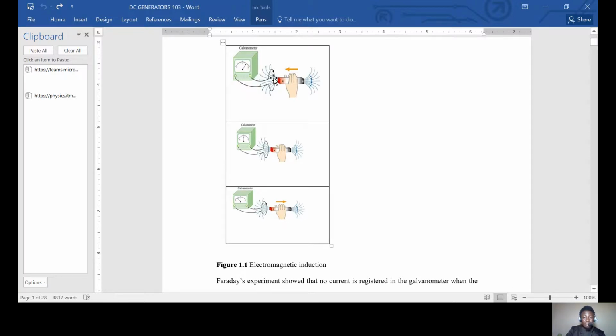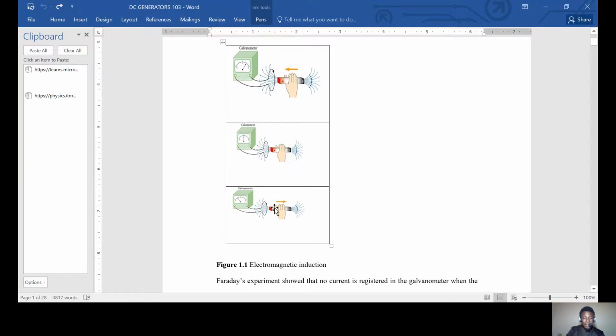a galvanometer with a coil of wire. When the magnet with the north pole pointing towards the coil of wire is brought in, there is a deflection in the galvanometer towards the right. In the second panel, the magnet is held stationary with respect to the wire loop, and there is no deflection in the galvanometer.